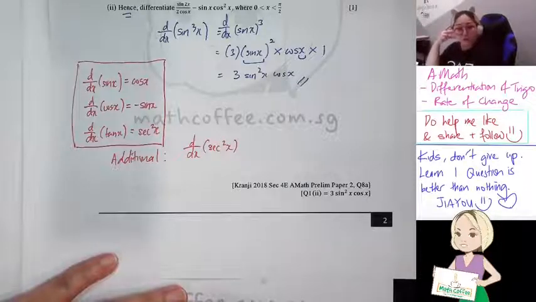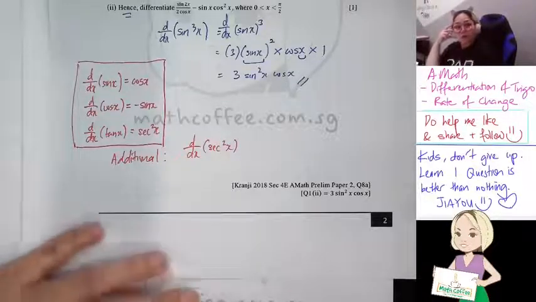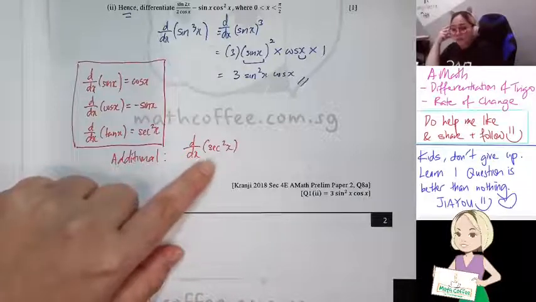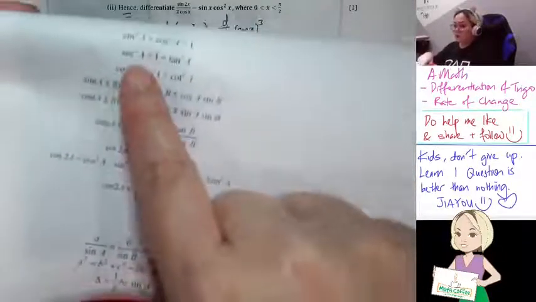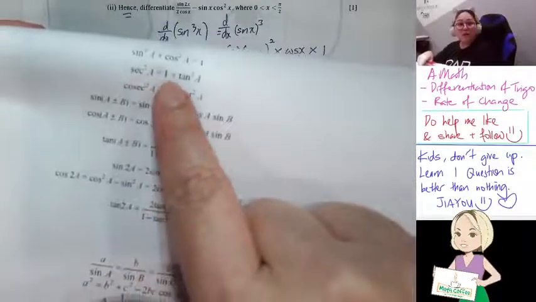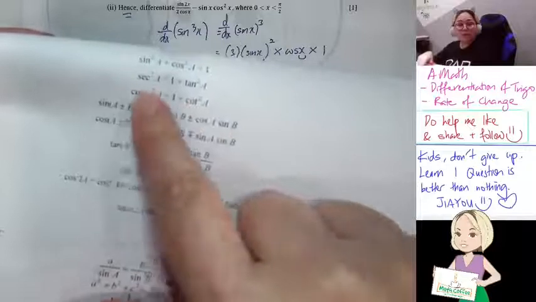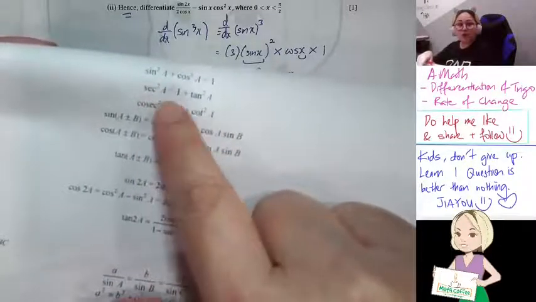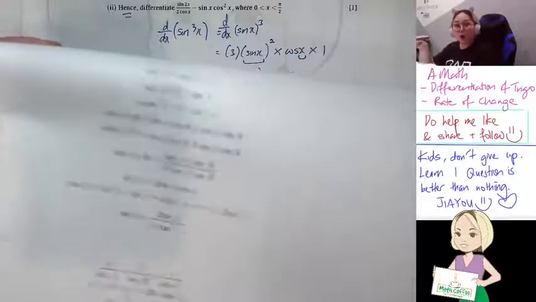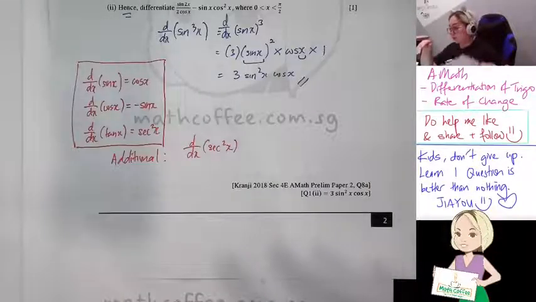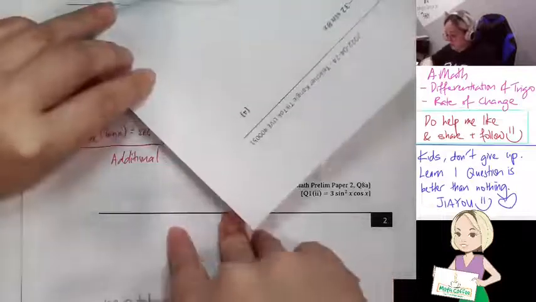You can actually change it using the identity, because take a look at this identity. We have secant square a equals to 1 plus tangent square a. So you actually can change the secant square to become tangent and differentiate as per tangent. Or you can change it to 1 over cosine square also can.